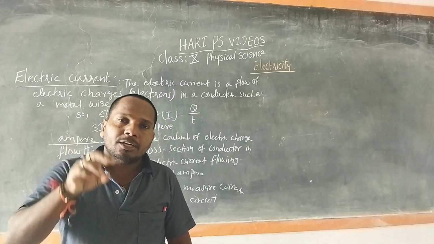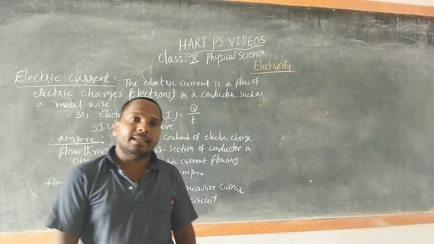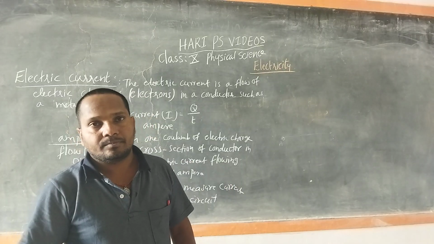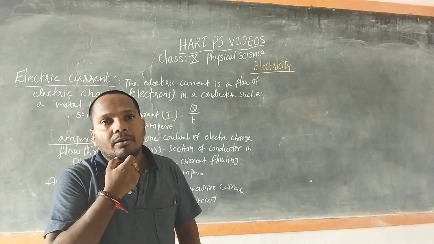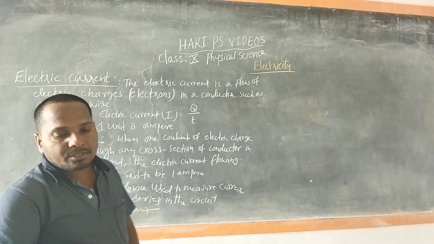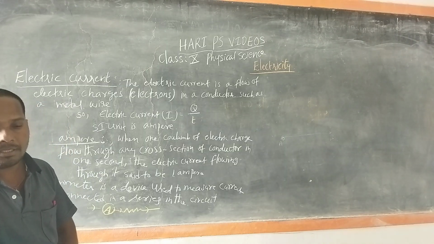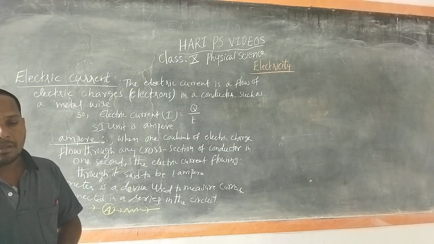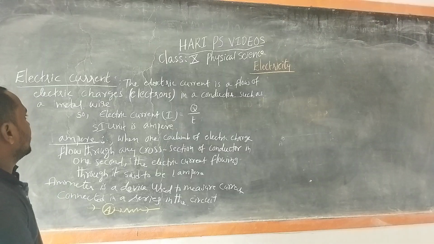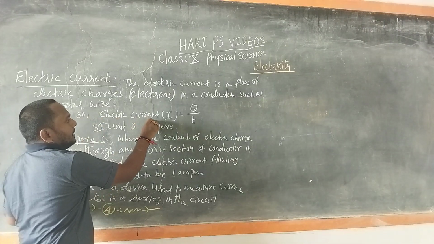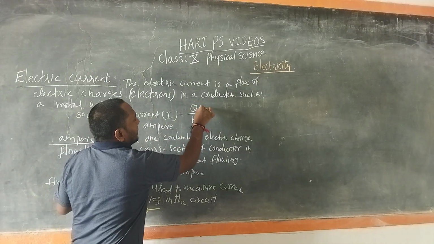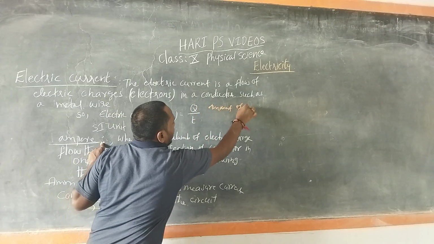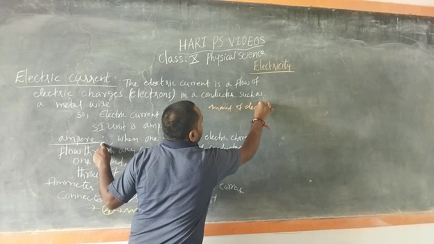The magnitude of electric current in a conductor is the amount of electric charge passing through a given point of the conductor in 1 second.